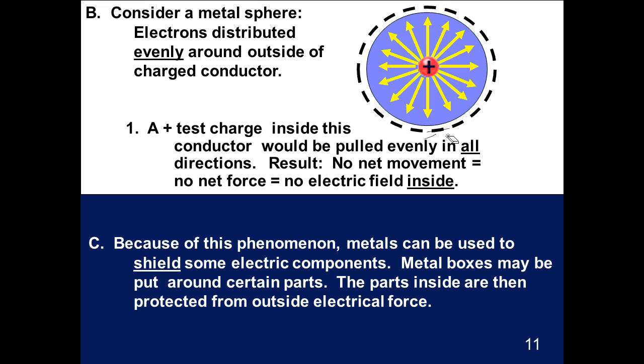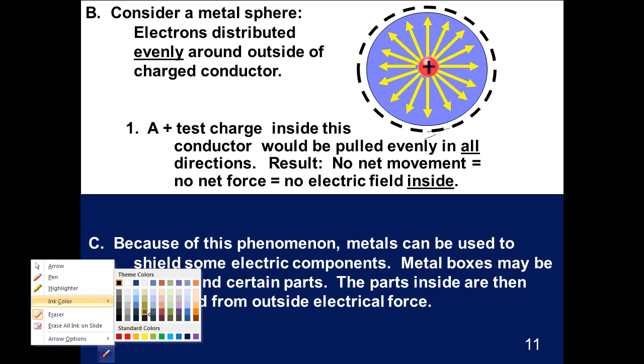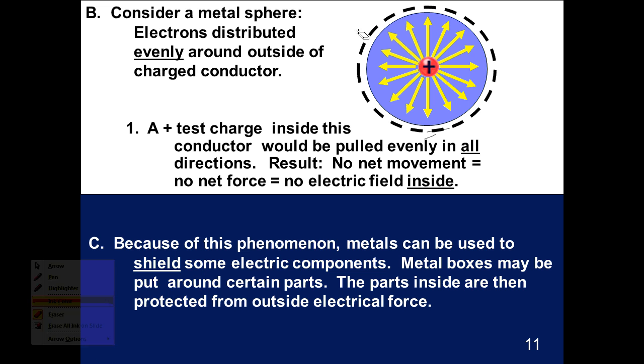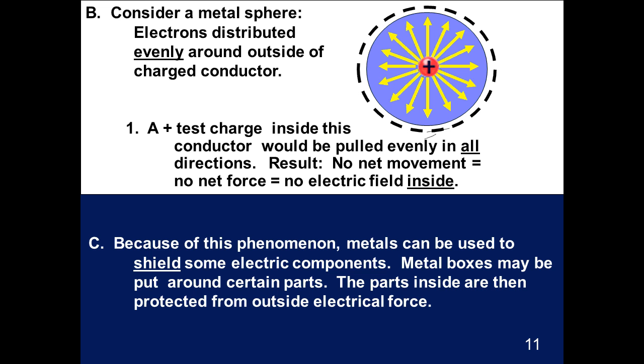You would think that you would not put metal around things that you want to protect from electricity, but being inside the metal, you're inside an area where there's no force field, because the metal takes all the electrons on the outside and evenly spreads them out. So if there's any extra electricity out here, it's not going to have any effect on what's inside, if that makes any sense. So we're going to stop there.